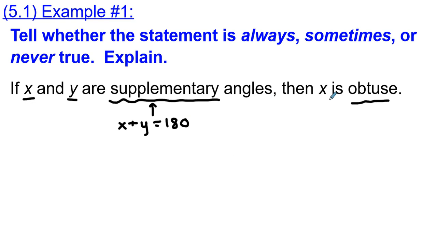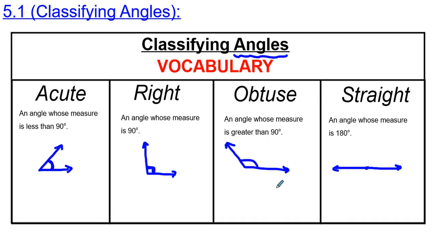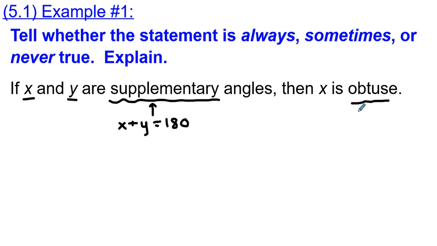Then x is obtuse. So what is an obtuse angle? Again, go back to my notes. Obtuse angles are angles whose measure is greater than 90 degrees. So then x is greater than 90 degrees. So is this statement always, sometimes, or never true? That's what it's asking me to think about.